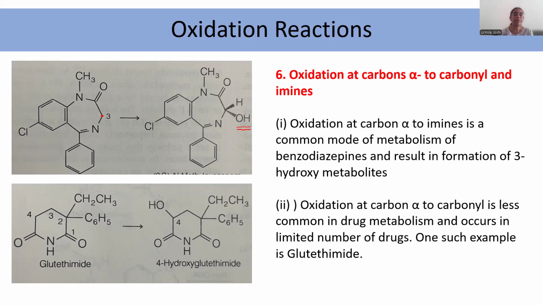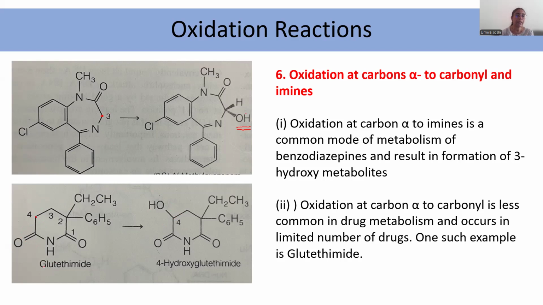This is a very common metabolic pathway in benzodiazepines. Now in glutethimide, look at carbon number 4. That is alpha to ketone. This pathway is less common. Oxidation of a carbon alpha to ketone is less common as compared to imine. But still, these pathways also exist.